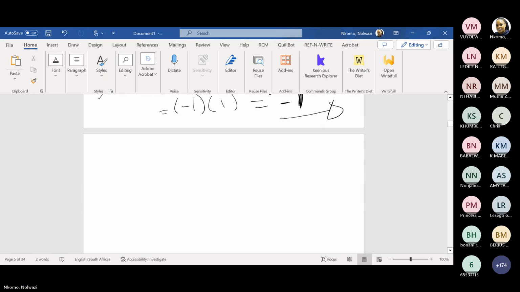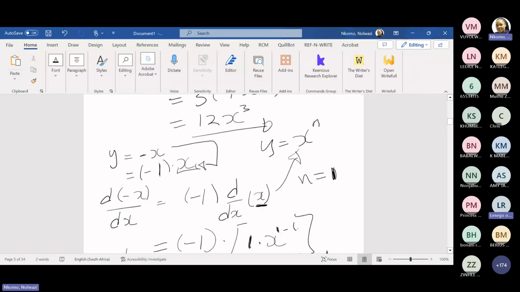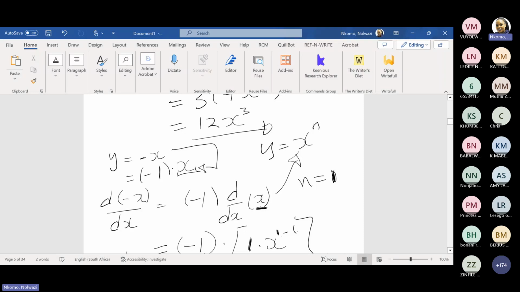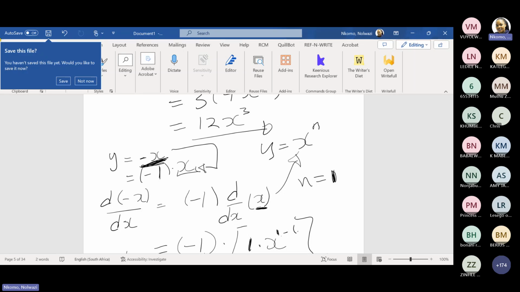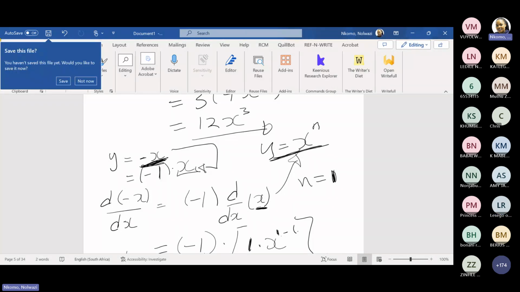Before you continue, why did you get negative 1, ma'am? I'm lost. Yes, -1. We had -1 here. Remember, our function was minus x, and for us to use the power rule, we said we use a power rule if you are given x to the power, as in a positive x, right?